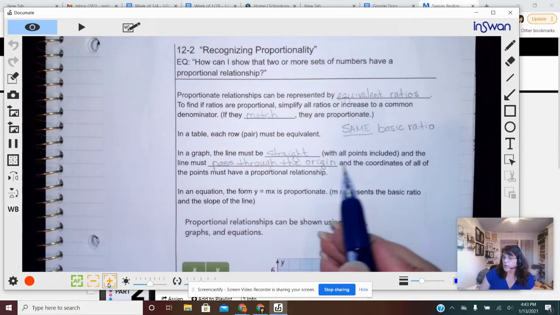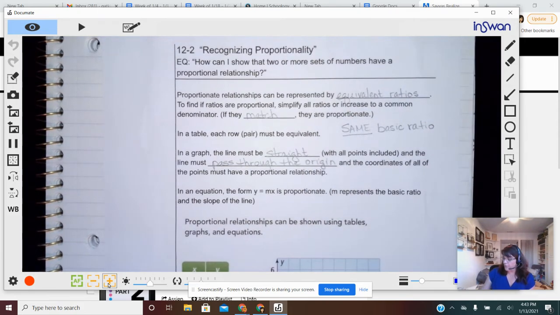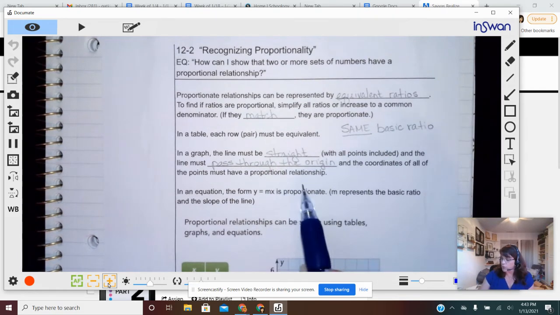Okay? If you graph a series of values and the line is straight and it passes through the origin, that 0, 0 on a coordinate plane, then you know you have a proportionate relationship.